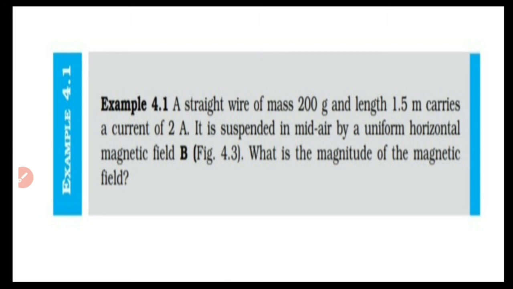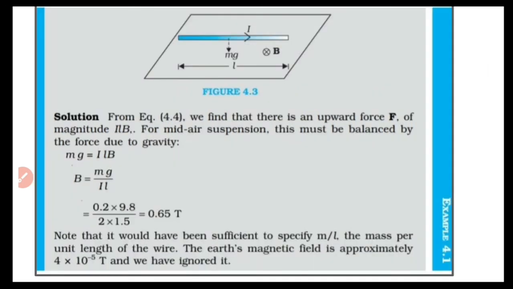Otherwise, why is the wire coming down? It's under the action of the gravitational force that the wire is falling down. So to make sure that it is suspended, the wire should be under the action of an equal upward force. So how can we achieve this? That is by the application of magnetic field.